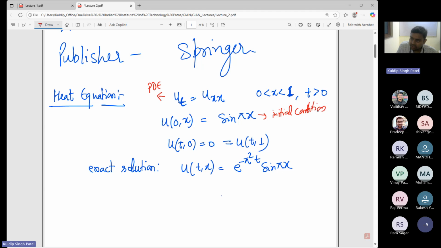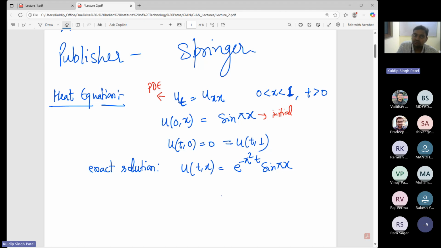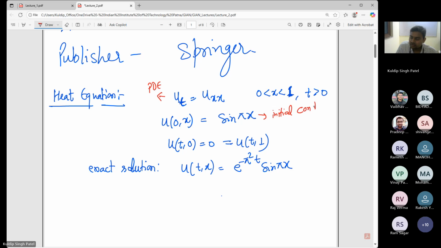In a simpler way, at time t equals 0, you know the value of u, and for all x from 0 to 1, the value is sine pi x.